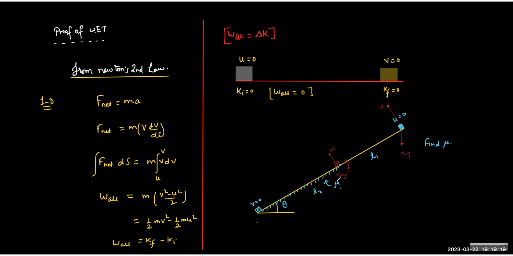Okay. So when you go from top to bottom, gravity is working throughout the journey. Normal is not doing anything at all, and friction is acting only on the rough patch. So you're supposed to write the work done by each force till the bottom and add up to 0. Do it. And then remember, these are all constant forces. So to write the work done, it's very simple. You have to just write the force times displacement.